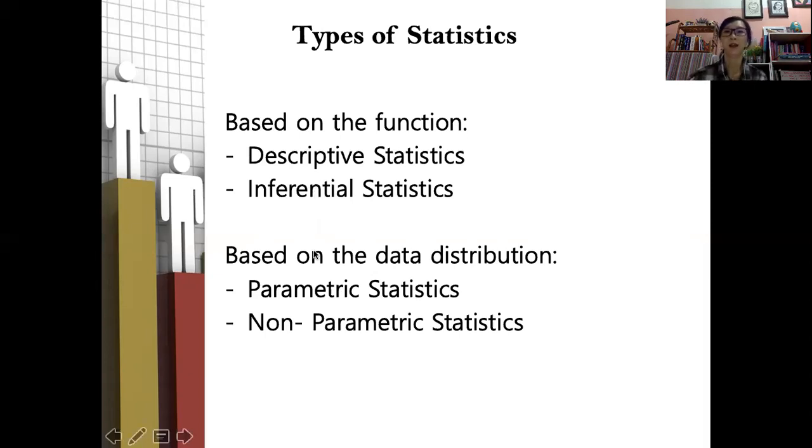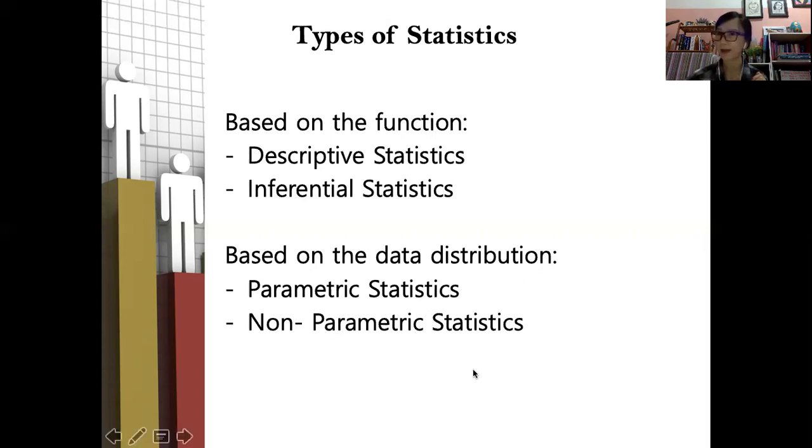Okay. And then based on the distribution of data, we will discuss about data distribution later as well in this course. There are two types of statistics. The first one is what we call parametric statistics. And the second one is what we call non-parametric statistics. If you still remember in the previous slide when we talked about parameter versus statistic, parameter is related to population, right?